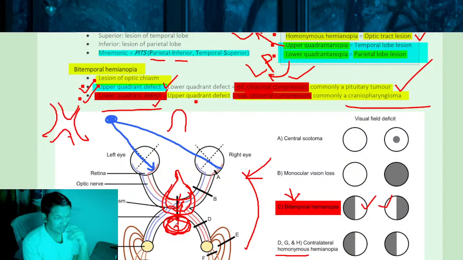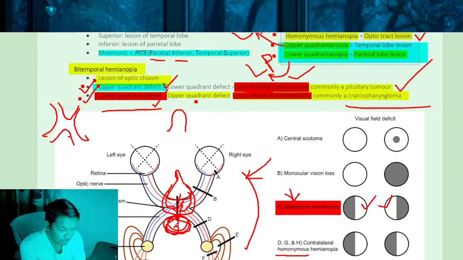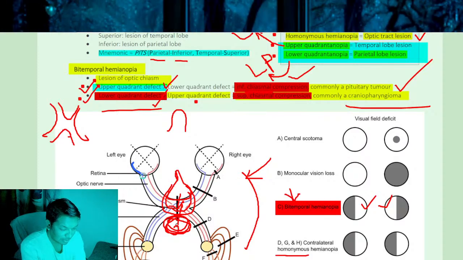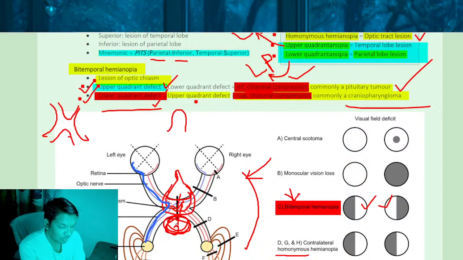When we get any image, if it is temporal field, the temporal field comes in the blue line. You can see the temporal field coming this way, and it is going inside without crossing.